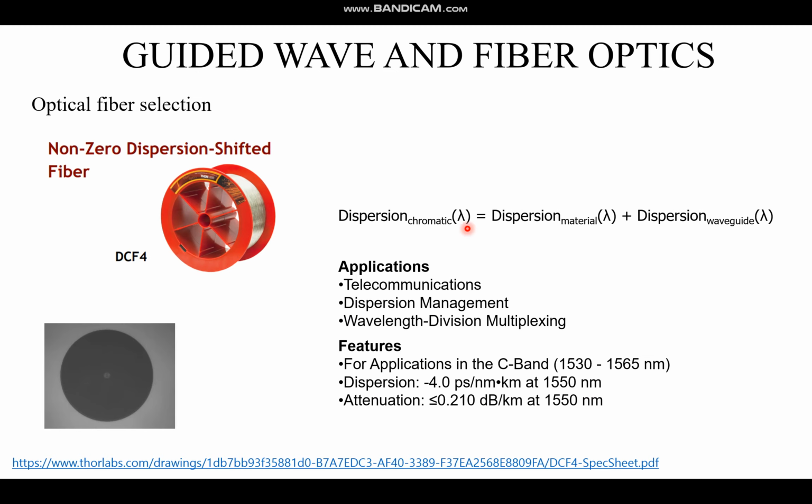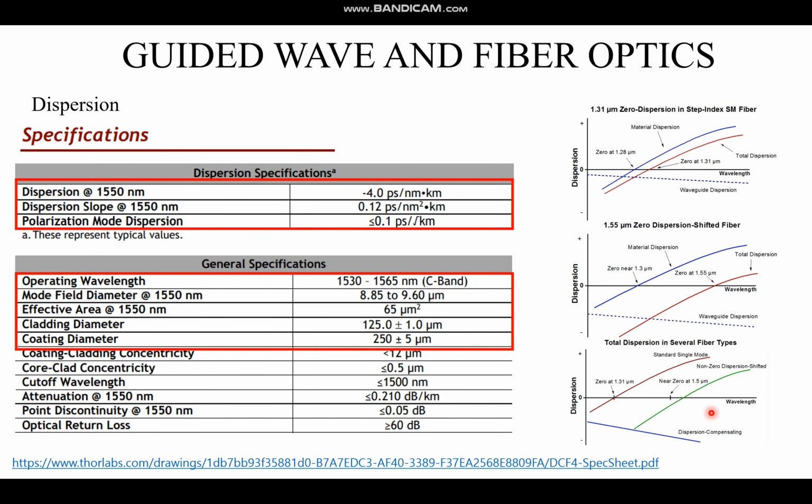As we know, the chromatic dispersion is the summation of the material dispersion and the waveguide dispersion. This kind of fiber is applied in telecommunication, dispersion management, optical link design, and wavelength division multiplexing. Here are the features and the specification of the optical fiber.